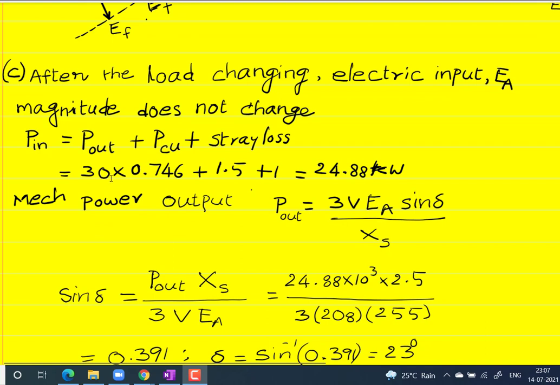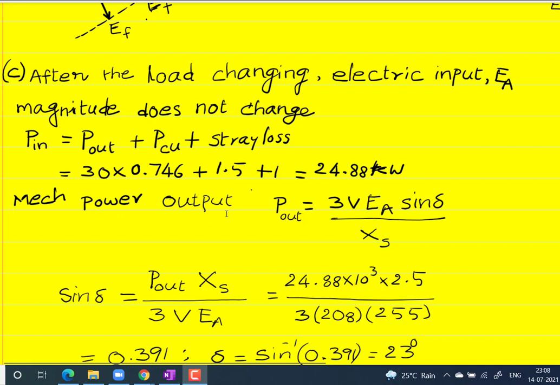So we know the output, that is 30 HP. So 30 into 0.746 will give us output in kilowatts, and copper loss is given as 1.5 and stray loss is given as 1. So we add all those things, then we get 24.88 kilowatts.